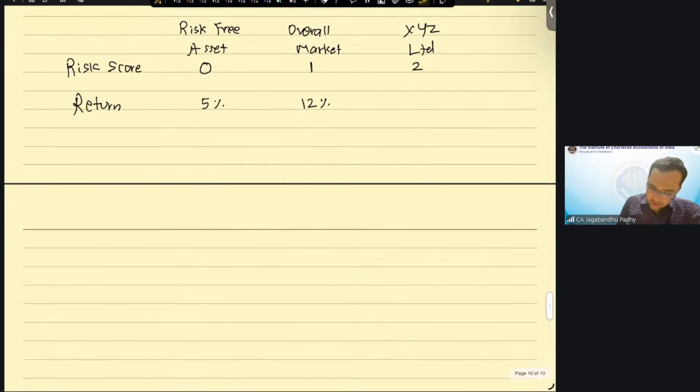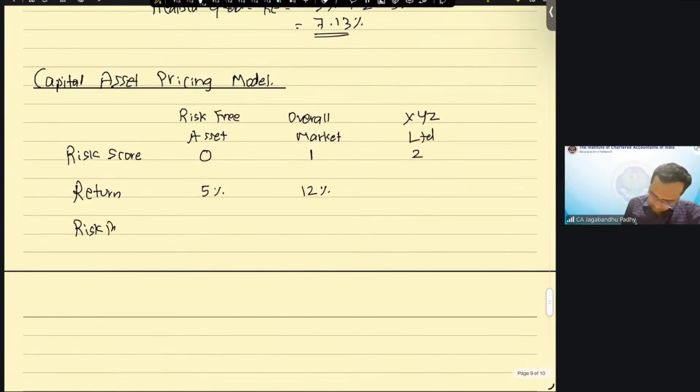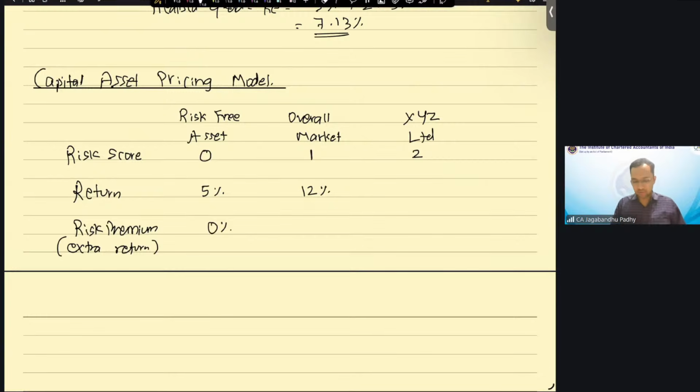So if I ask you, what is the risk premium or extra return? Of course, here you don't get any extra premium. But what is the extra return that you get in the overall market?